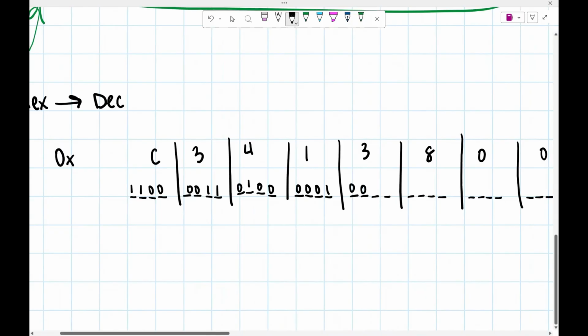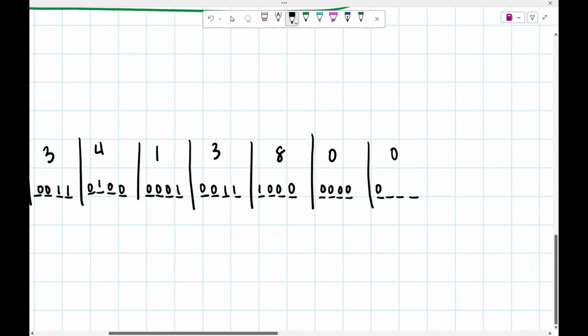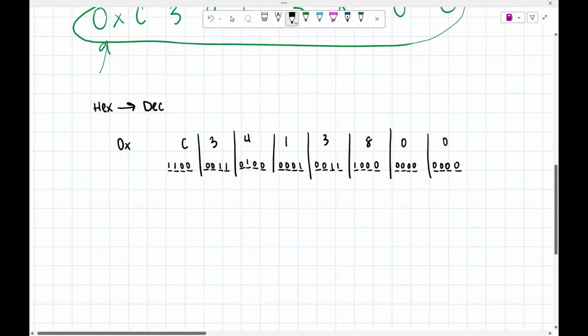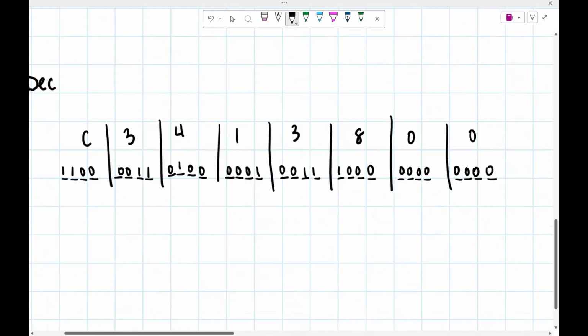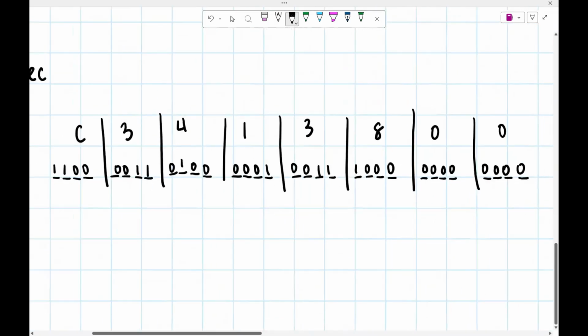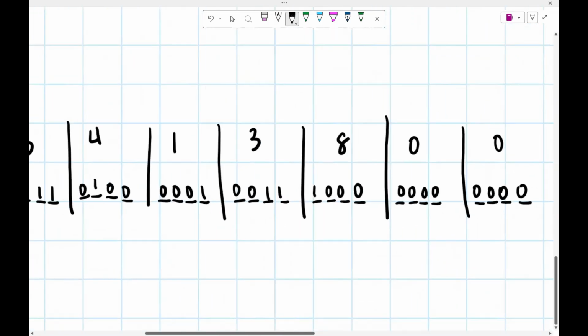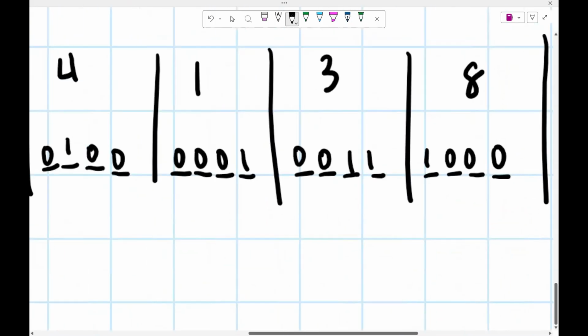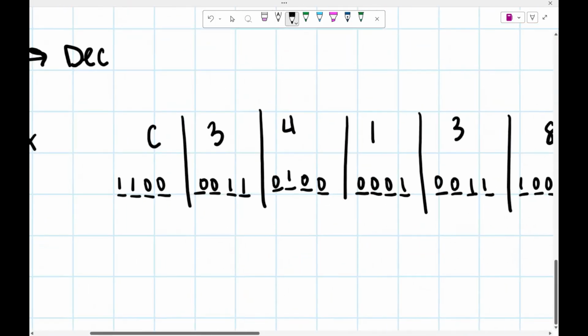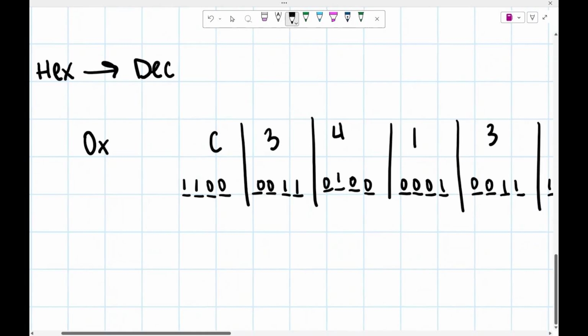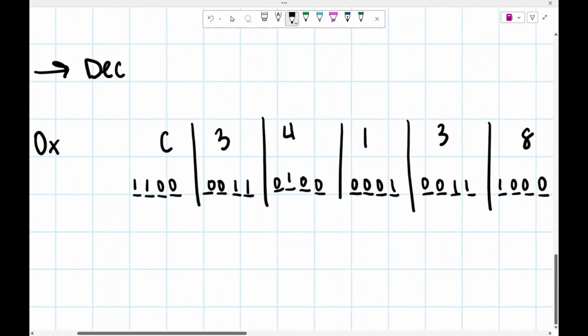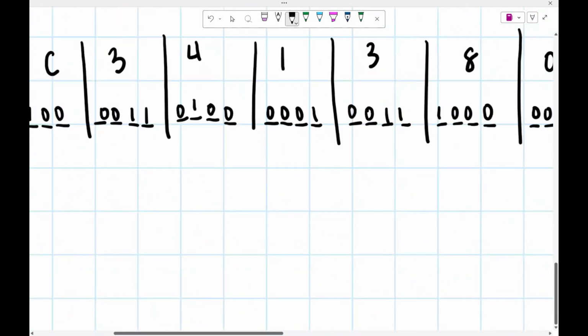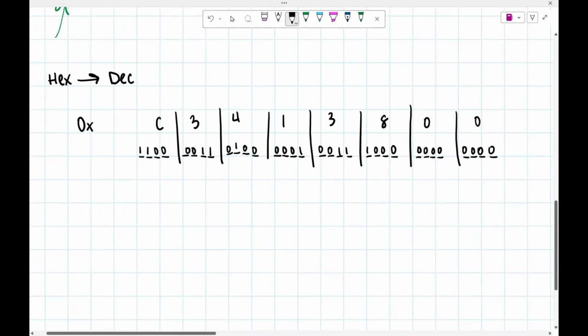And then again, we have 3. We have 8. And then the rest are just zeros. Yeah, and please, if you guys aren't comfortable with just converting hexadecimal straight up to binary like this, it should be very intuitive for you by now. Just go back to the other videos and watch those conversion methods again, right?